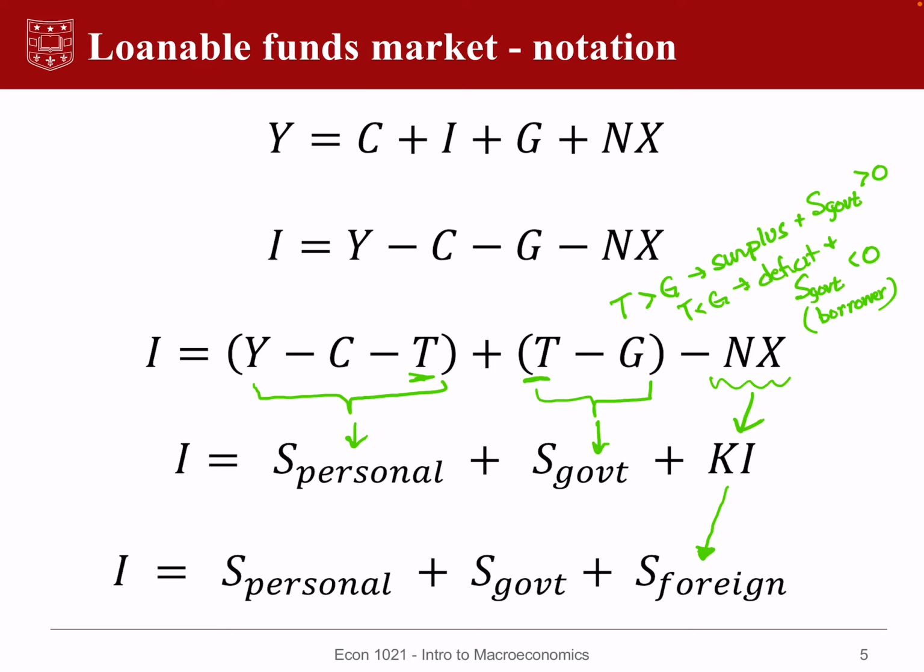So we saw that the negative of net exports is net capital inflows, and we can interpret net capital inflows as net savings coming from the rest of the world into the domestic economy. So again, what is this? This is net capital inflows, or net savings by the rest of the world in the domestic economy.